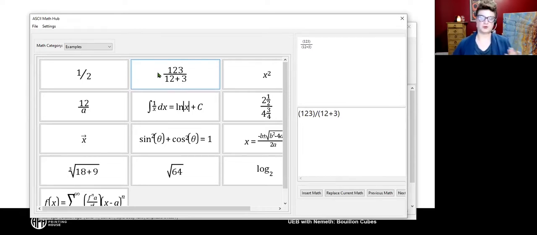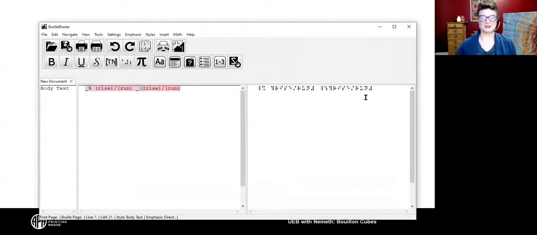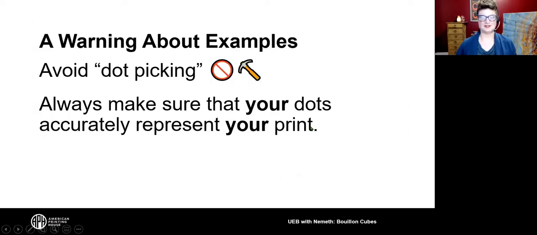So I chose the fraction 1, 2, 3 over 1, 2 plus 3. Then, based on that template, I put in the specific material that I have in my print. I can't just transcribe rise over run by entering 1, 2, 3 over 1, 2 plus 3. That's just our word to the wise: avoid picking out exactly the dots in the example and pasting them whole hog into our very specific print context.